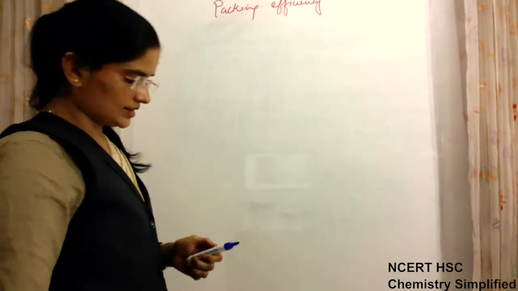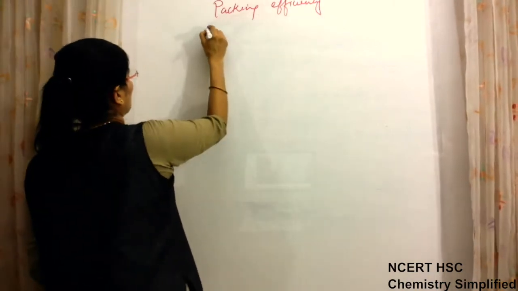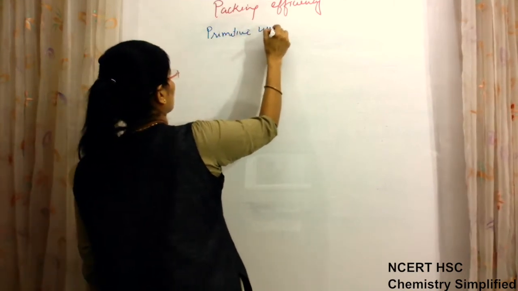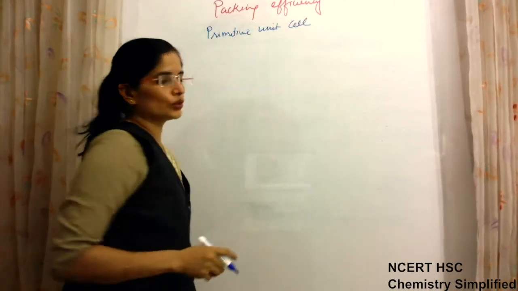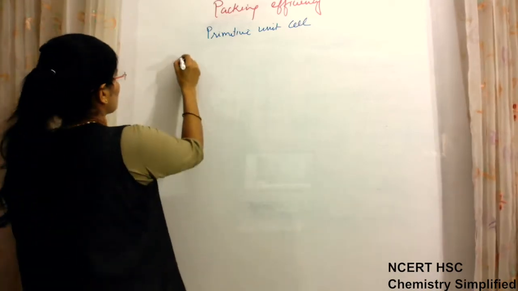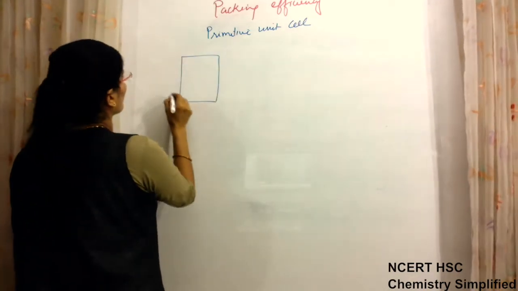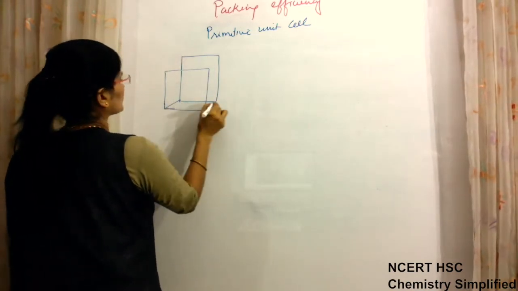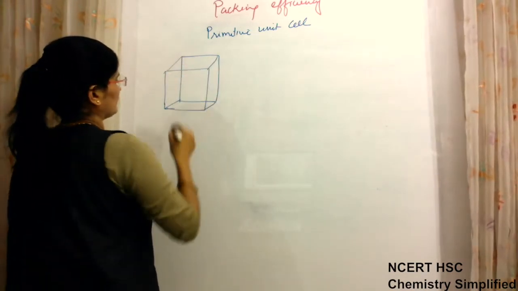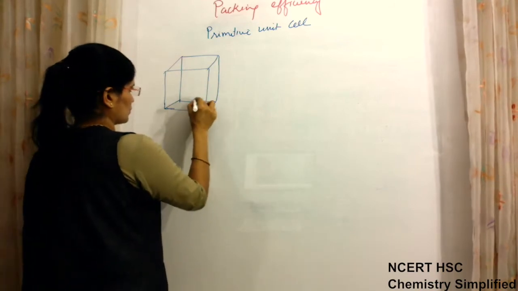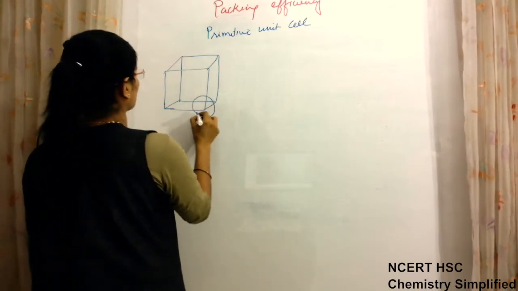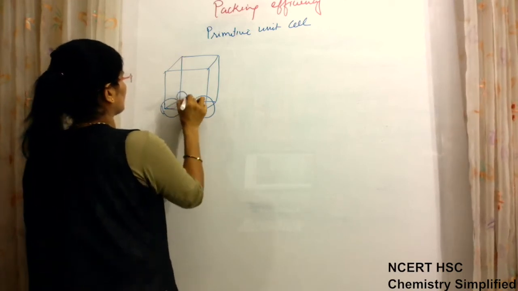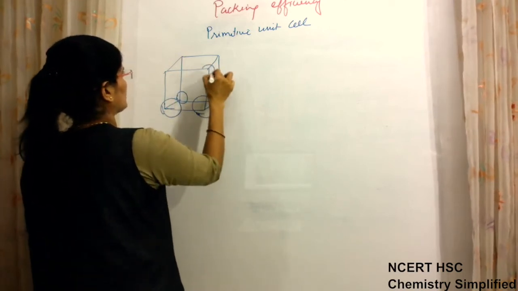that packing efficiency. Now for the primitive unit cell, or simple cubic unit cell, where particles are only present on the corners and not anywhere else. One particle here, one particle here, one particle on each point we have to make.